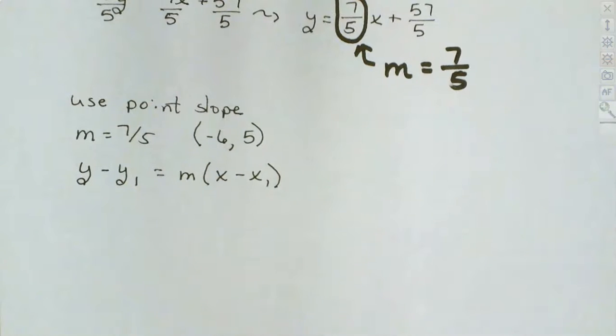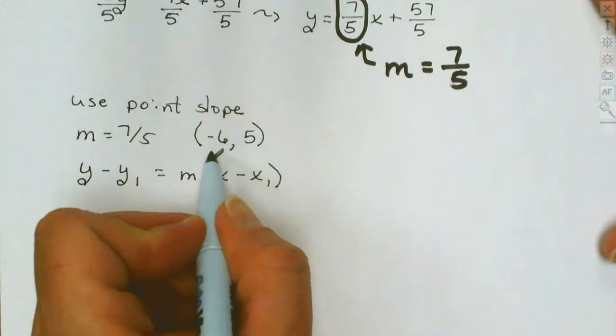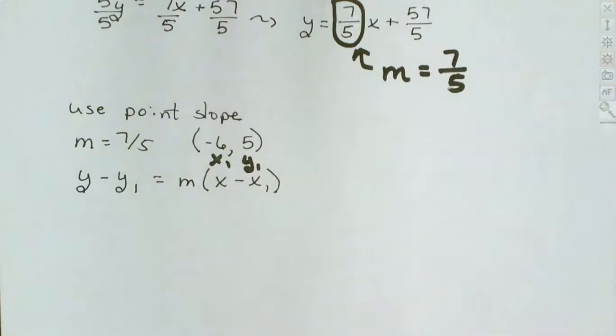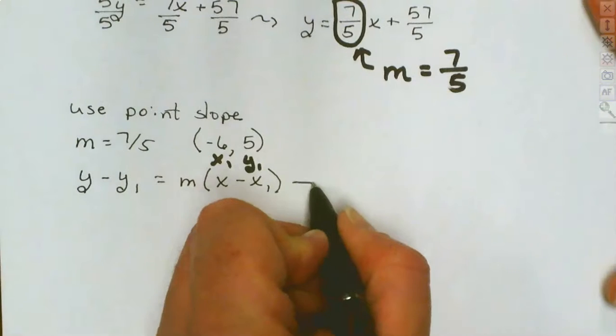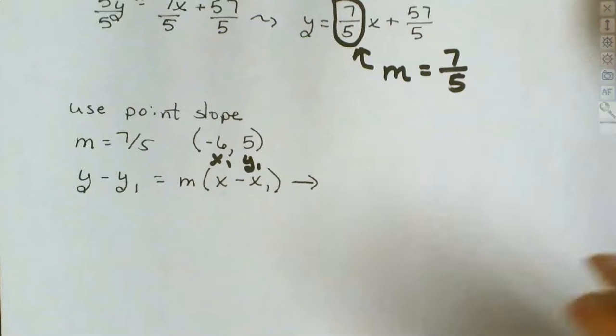Now, to use this formula, we need a point and a slope, and we already have that. To use our point, we label it x1 and y1. And now we plug our values in. I always like to write the formula down every time I use it. That way I have it there to look at. We plug our numbers in.